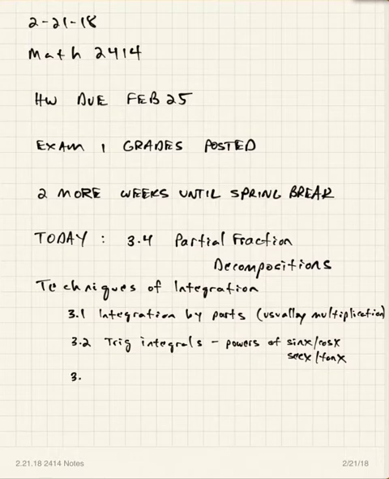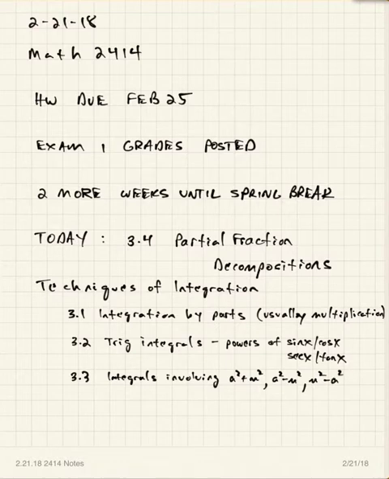Then section 3.3, the section we're just coming out of, we were looking at integrals involving the trig expressions a squared plus u squared, a squared minus u squared, and u squared minus a squared.